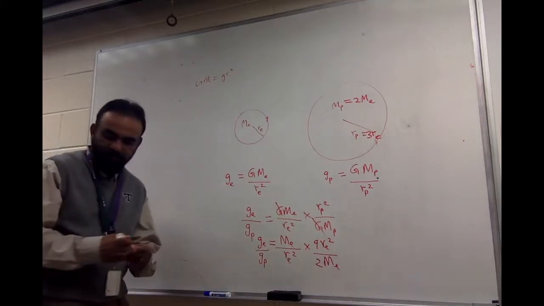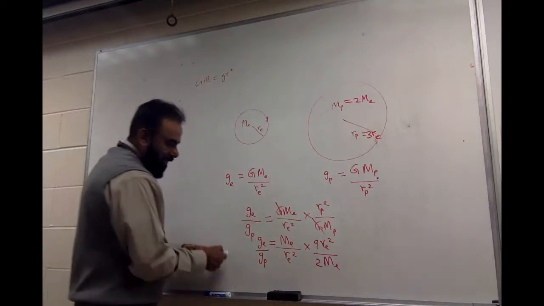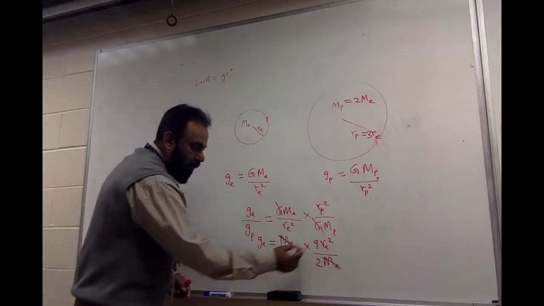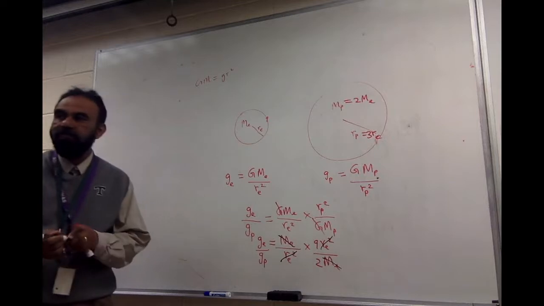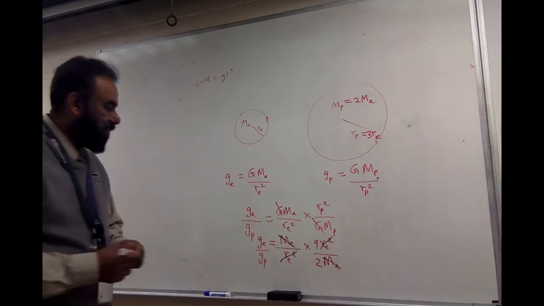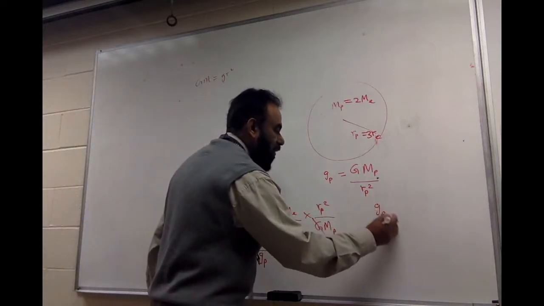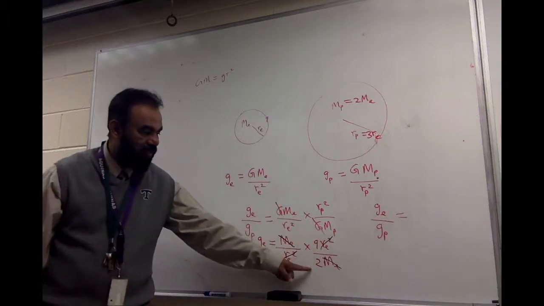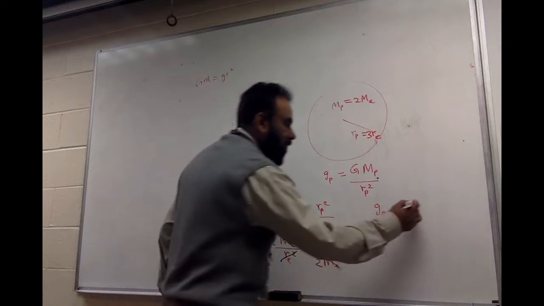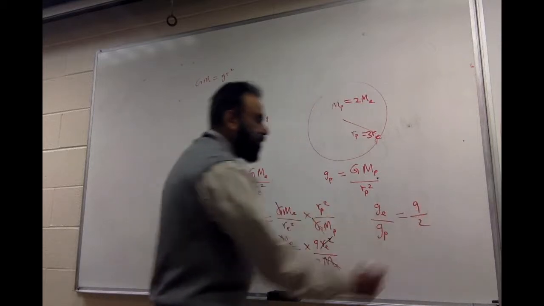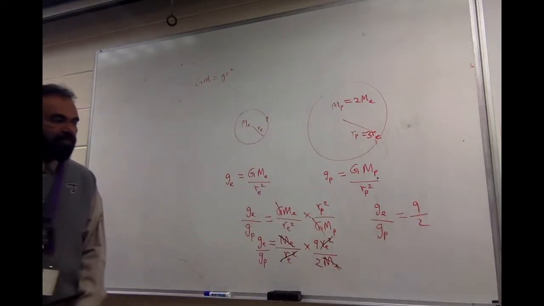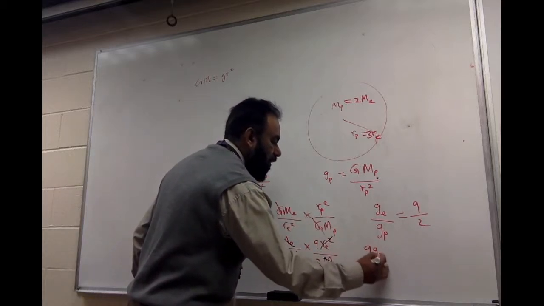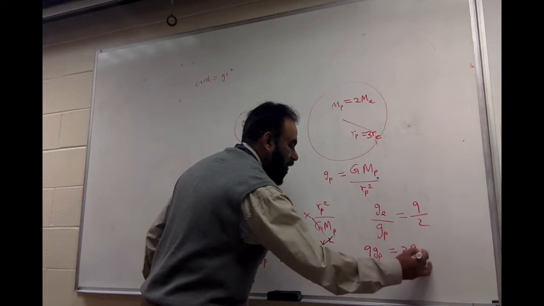Now see what's happening. M_E, M_E. R_E squared, R_E squared. So now your equation is pretty simple. g_E over g_P is equal to, you're just having numbers here, 9 over 2. So if you cross multiply this, you get 9 times g_P is equal to 2 times g_E.